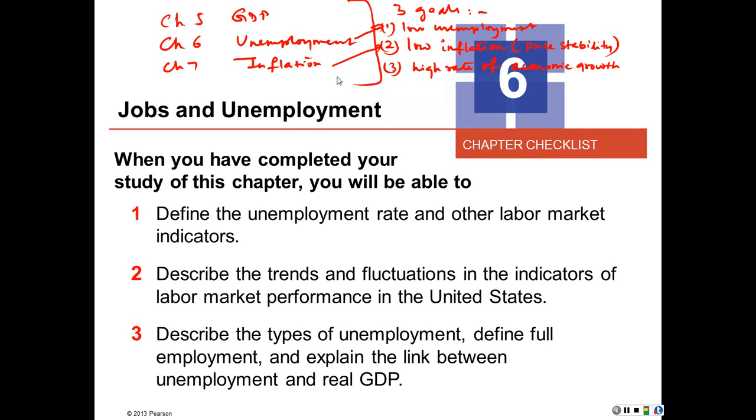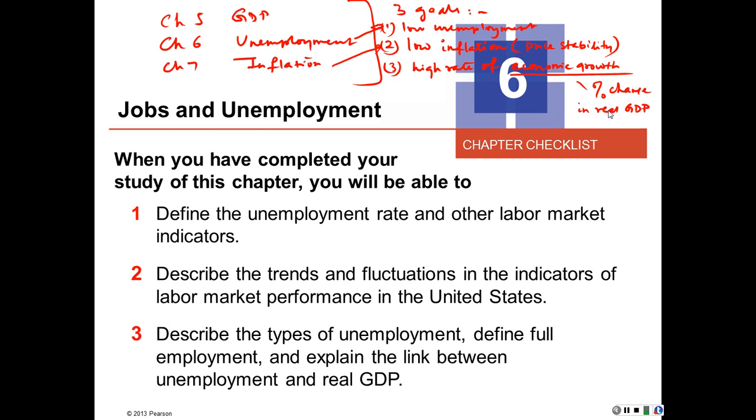And what is economic growth? Economic growth is really defined as the percentage change in real GDP from one year to the next. So we say that our economy has grown 2% between last year and this year if today's real GDP is 2% larger than real GDP last year. Correct?